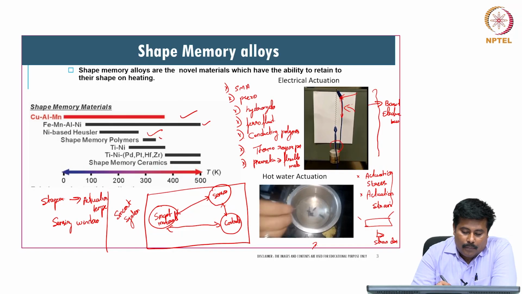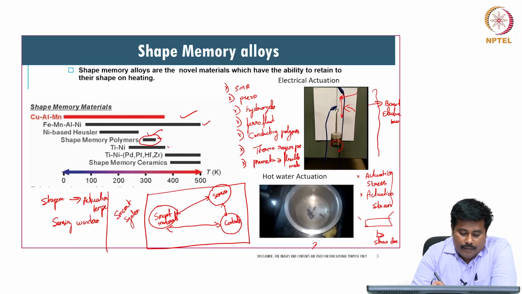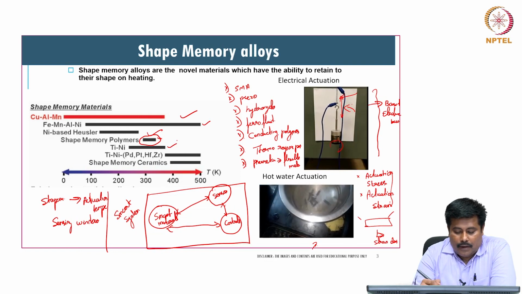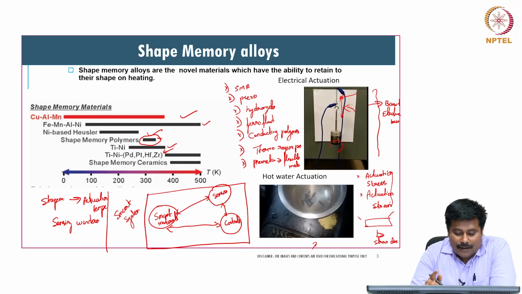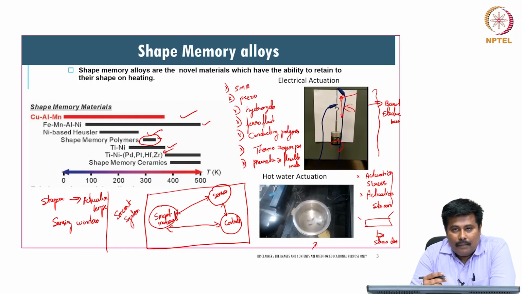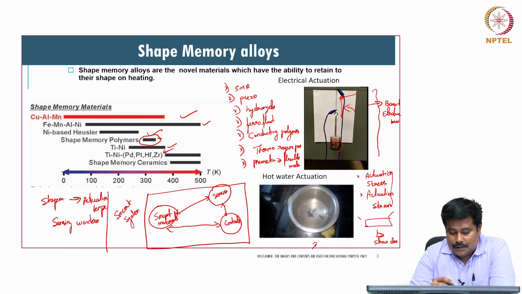Then quite a good amount of shape memory polymers are available, and then we have nickel titanium based shape memory alloy, and nickel titanium integrated with certain intermetallics which include Pd, Pt, Hf, zirconium based structures, so that appropriately it can be used for manipulating the structures.